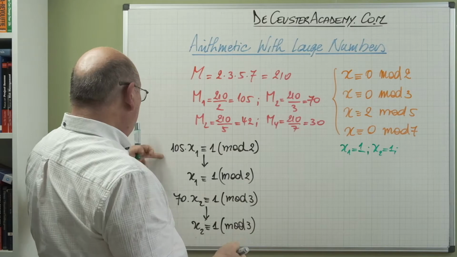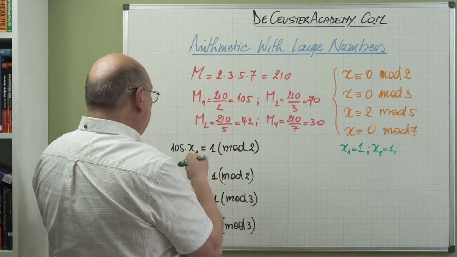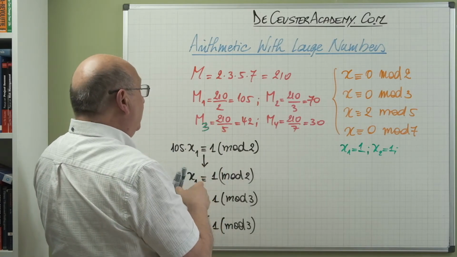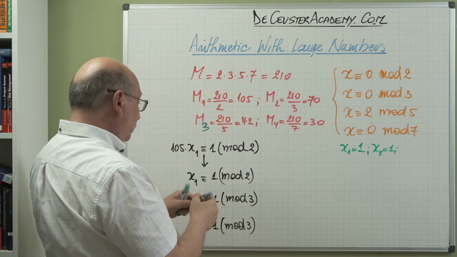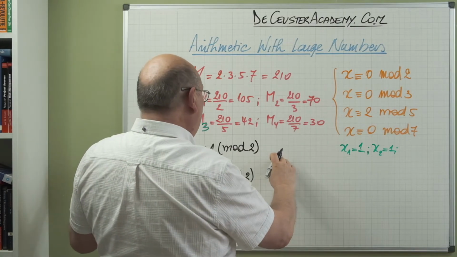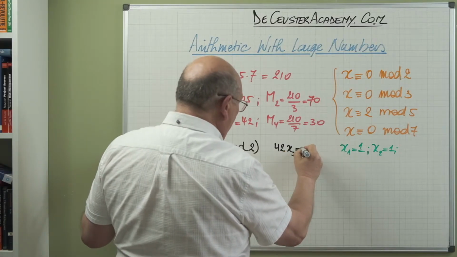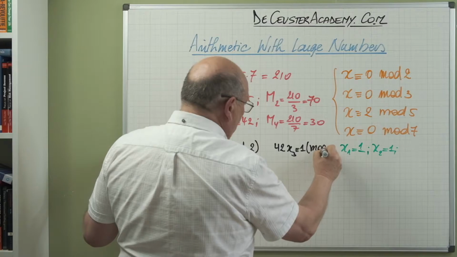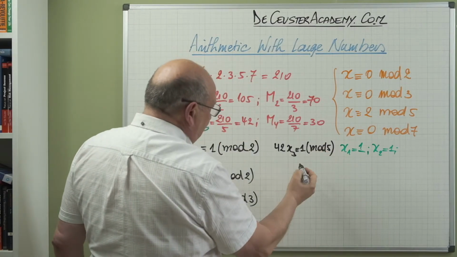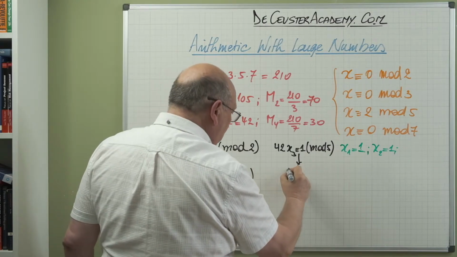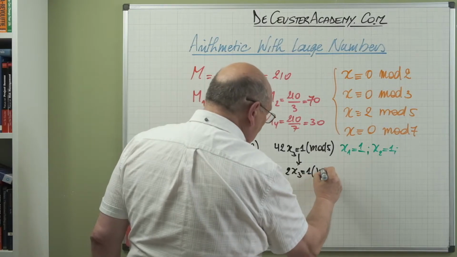Let's now continue for x3. This has to be m3, sorry. So we have m3 times x3 is congruent with 1 modulus 5. So we find here 42 x3 is congruent with 1 modulus 5. And we can say this is 2 times x3 congruent with 1 modulus 5.